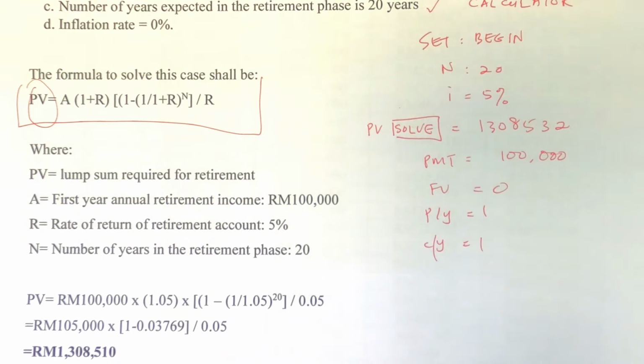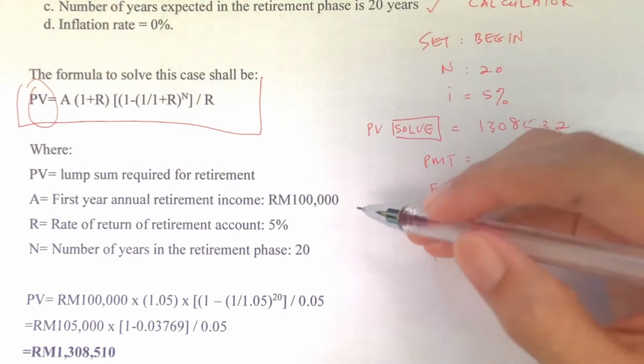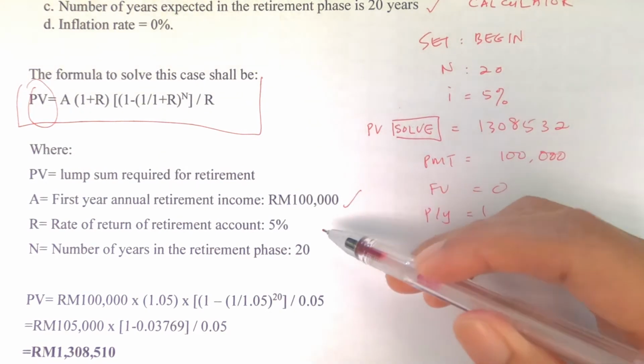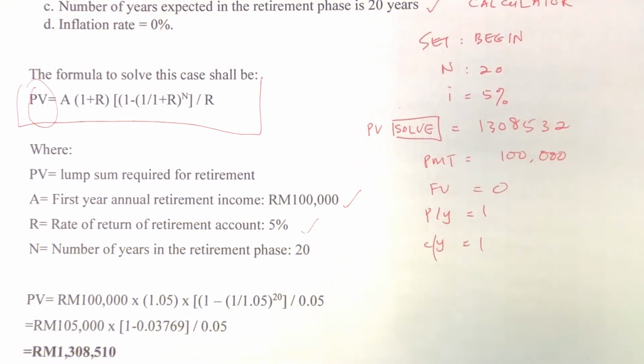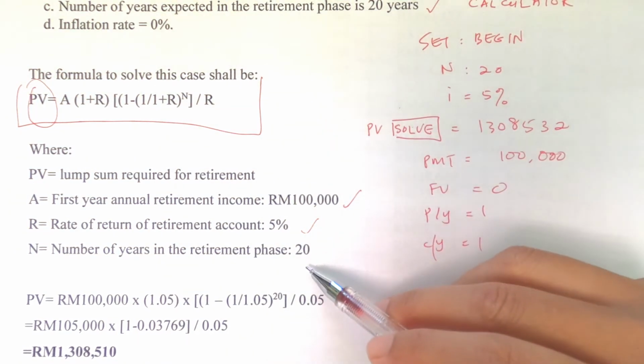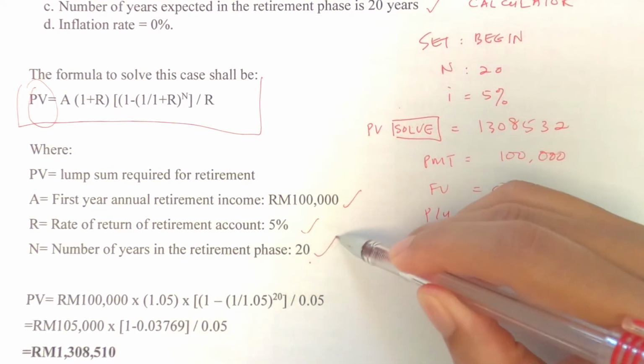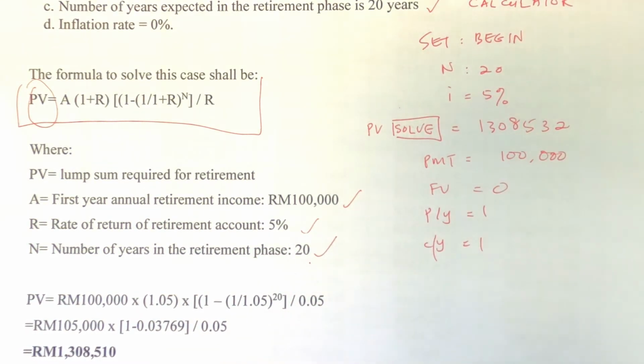A is actually the first year annual retirement income. This is the payment that should be paid to the retiree each year. The rate of return of the retirement account, the return from the savings or the retirement fund, is about 5%, and the number of years in the retirement phase is 20 years, as in this case of Mr. Ali.